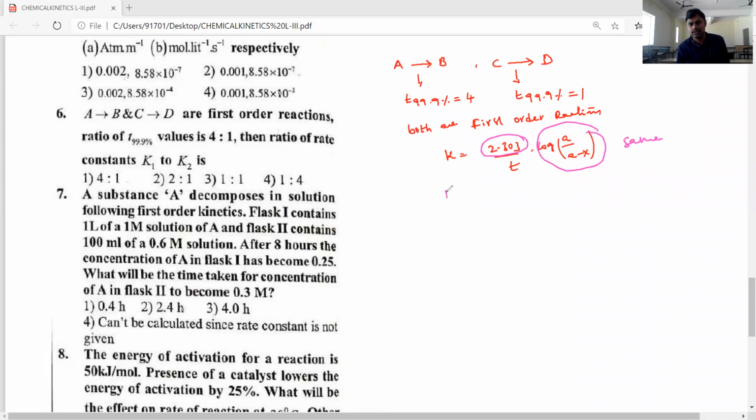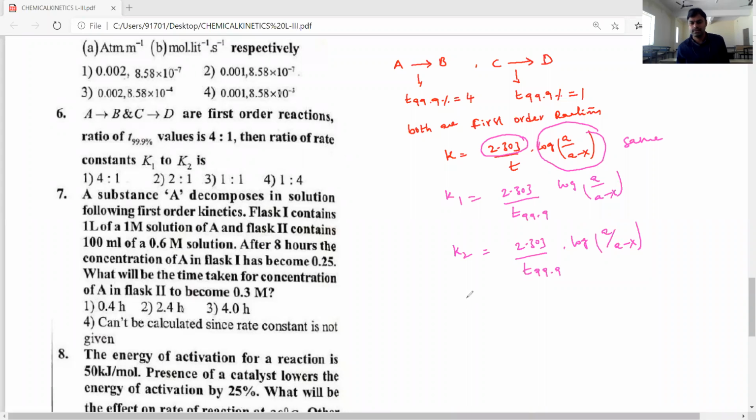For example, K1 is equal to 2.303 by T99.9 into log A by A minus X. The same way K2 is equal to 2.303 by T99.9 into log A by A minus X. See, A means 100%, A minus X means 100 minus 99.9, which is 0.1. Okay, that is fixed for both cases.